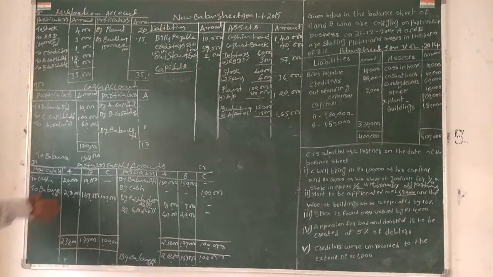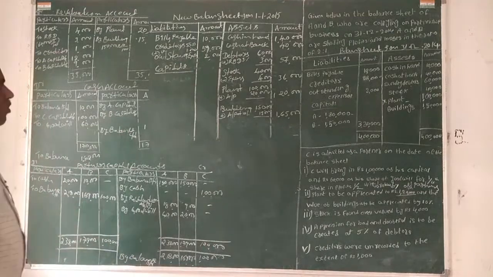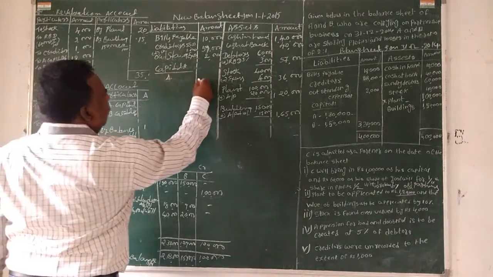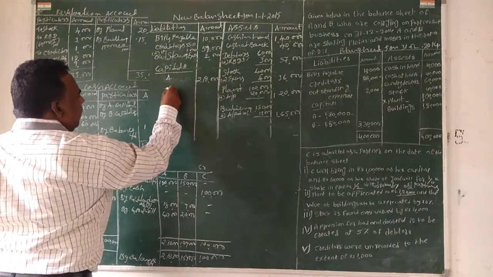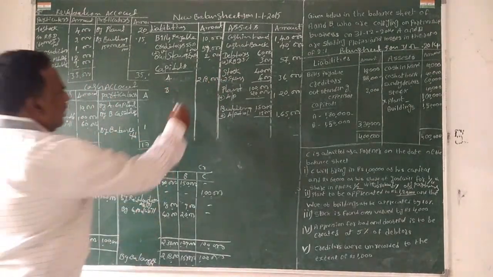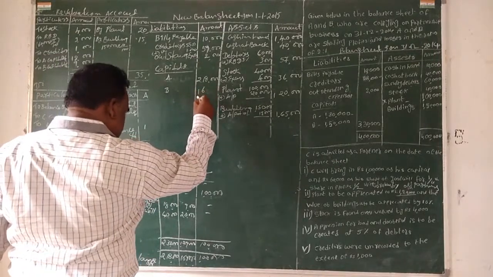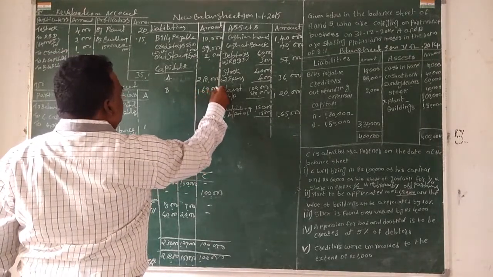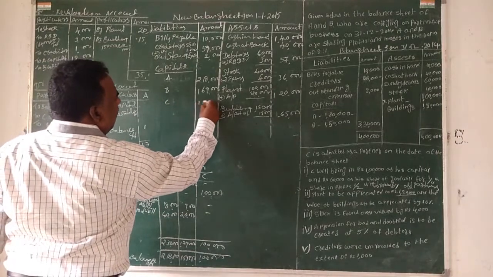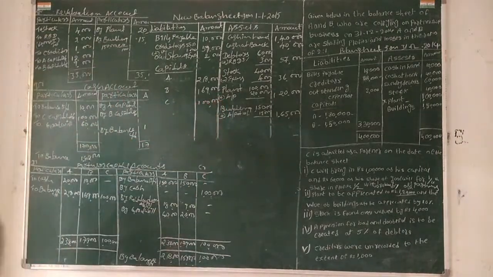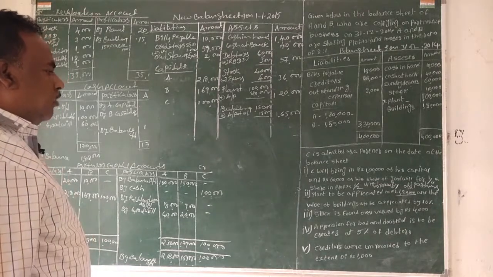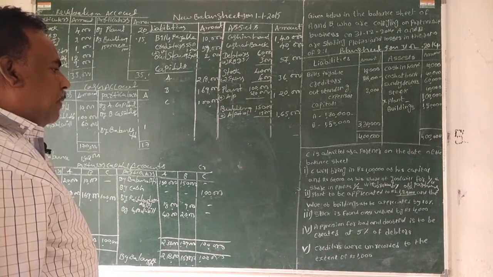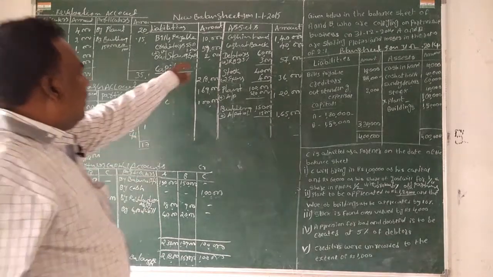Then capitals. The capital accounts of the partners have been determined. A capital 2,18,000. B capital 1,69,000. C capital 1 lakh.